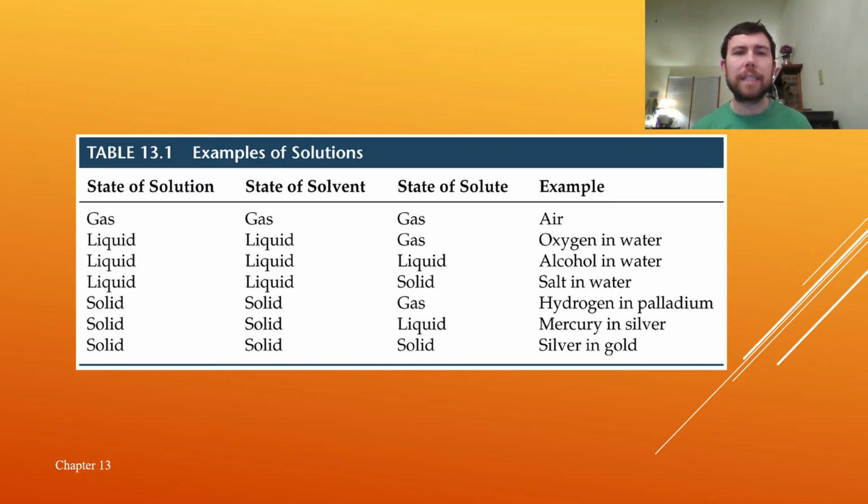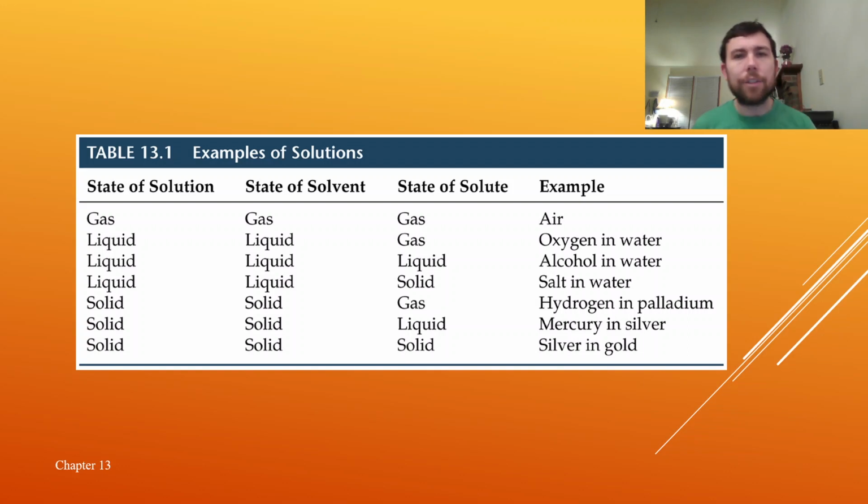Now, here are some examples of some solutions. The thing that I want you guys to take away from this particular image, this table that can be found in your textbook, is that solutions can be in either the solid, liquid, or gas state. And what you should note is that the state of the solvent is what's going to determine the state of the solution.